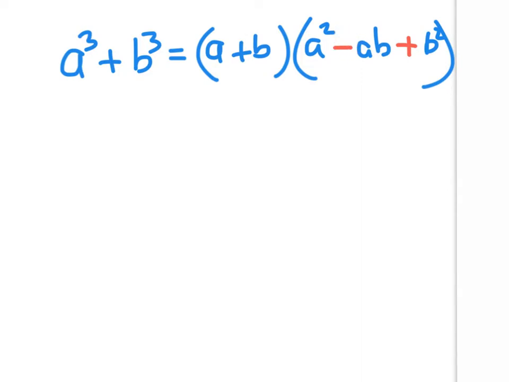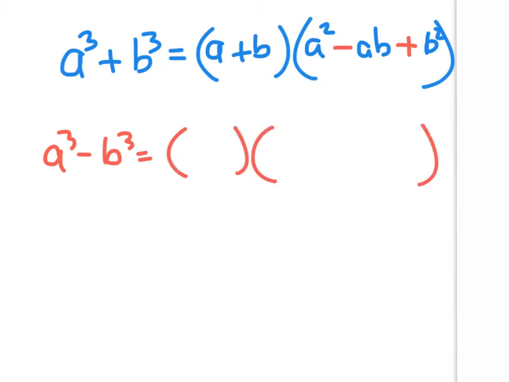With that same rationale, if you had the difference of two cubes formula, a cubed minus b cubed, you'd have a binomial times a trinomial, and the binomial will be exactly what you see here without the exponents. So that will be a minus b, and over here again you have a squared, again you have ab, and again you have b squared.